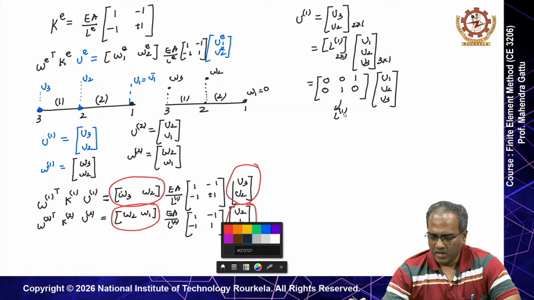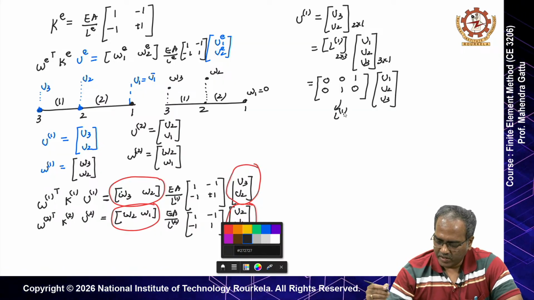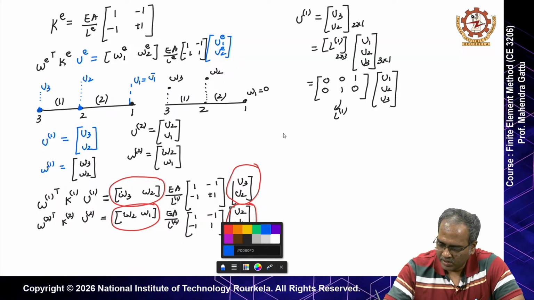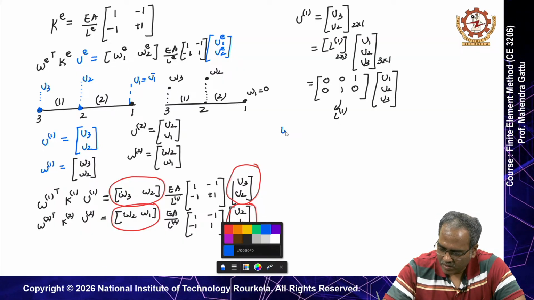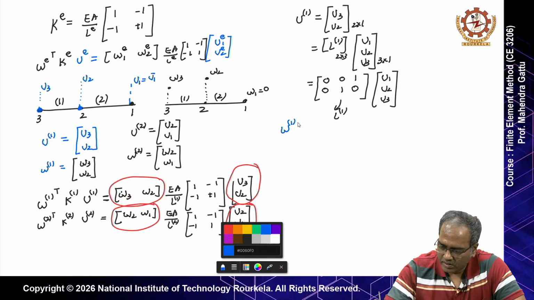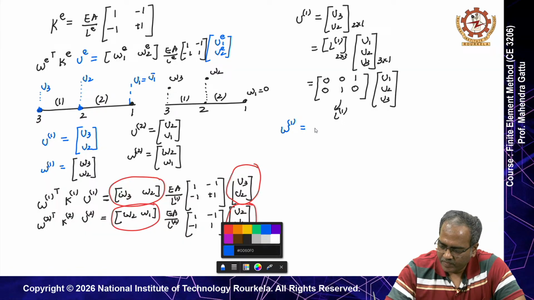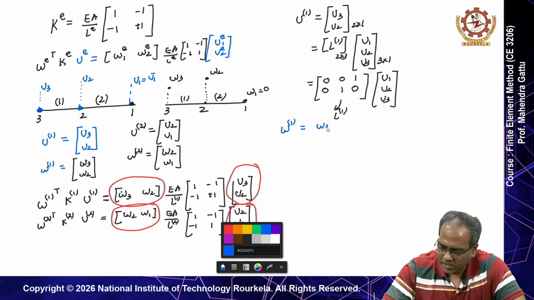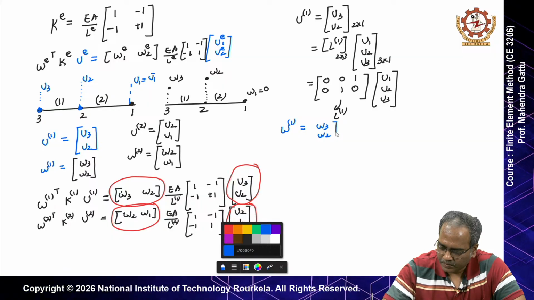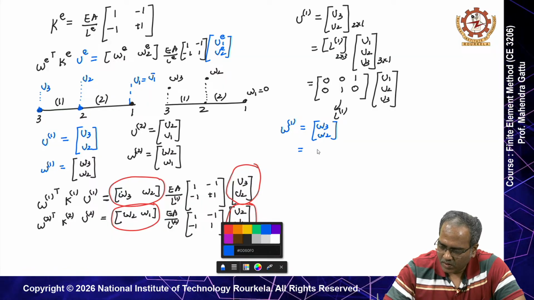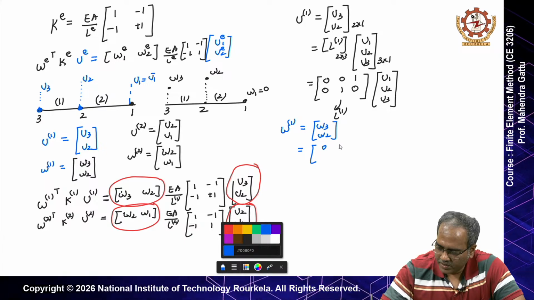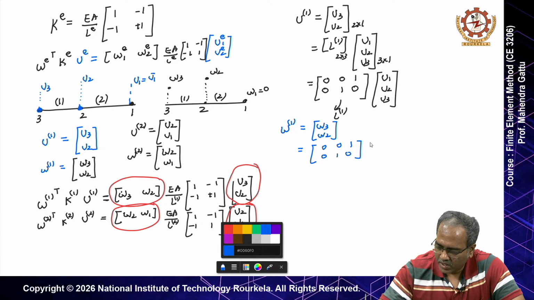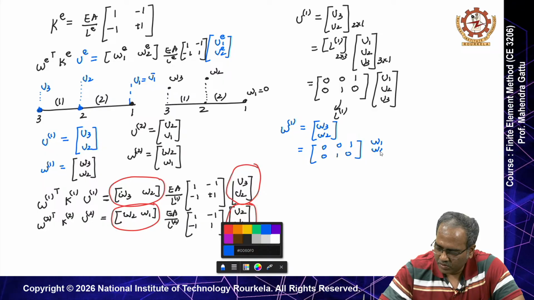Okay. Similarly, for the other matrix, for W3, we will do a similar exercise. W1 is there, which is W3, W2. So, we will get a similar term here: 0 0 1 0 1 0 and then W1 W2 W3.